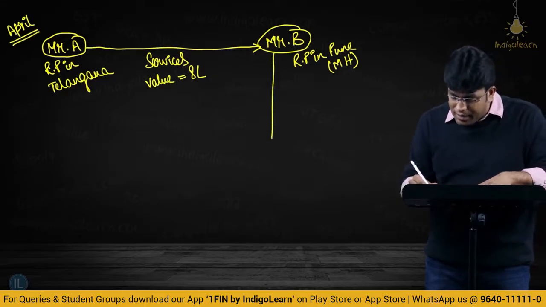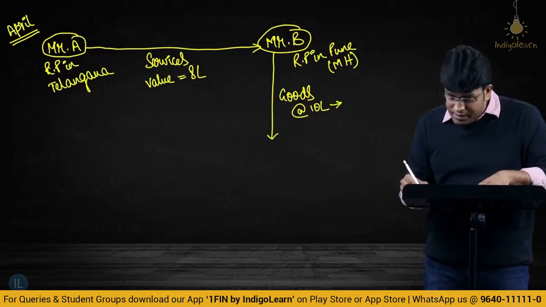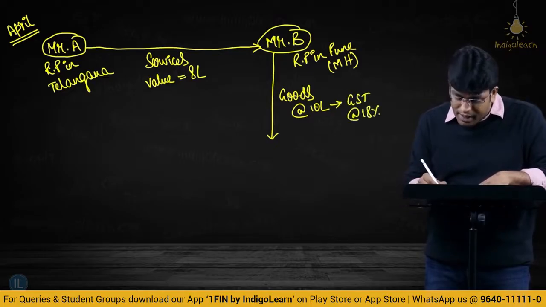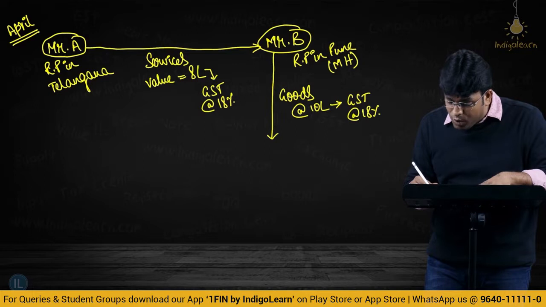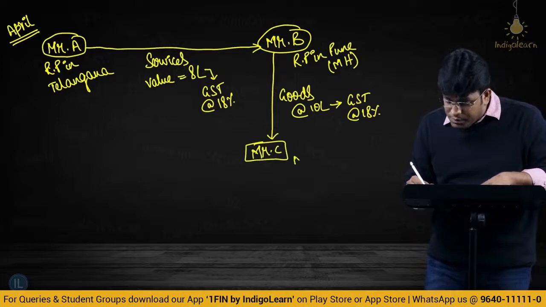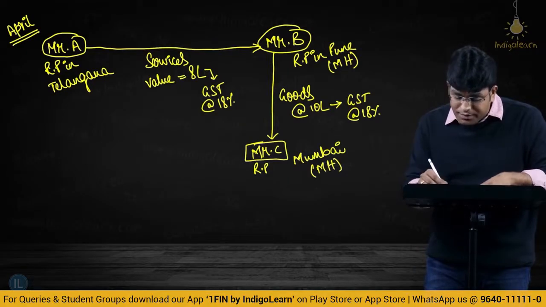And in the same month, B has supplied some goods at a value of 10 lakhs, where the GST rate is, let us say, 18%. On 8 lakhs also, GST is at the rate of 18%. And B has supplied goods to one person called Mr. C. And this particular person is a registered person in Mumbai, which is also a part of Maharashtra.